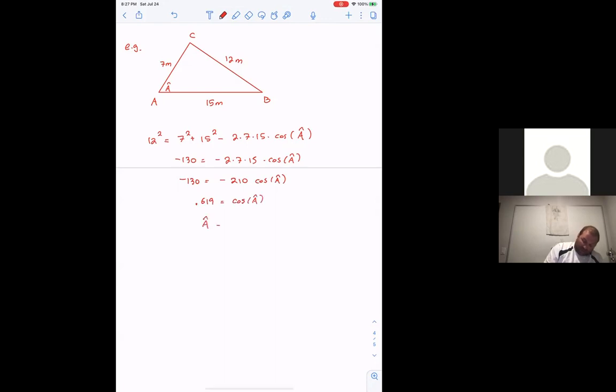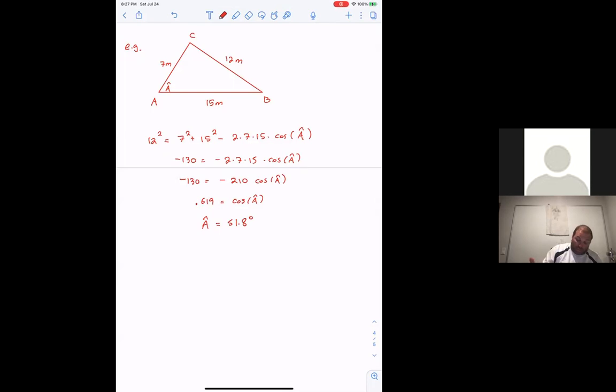How do I get to A hat knowing cosine of A hat? I can do the inverse cosine, the arc cosine, because it's in the first quadrant. It's an angle that's less than 90 degrees. So I know that my calculator will give me the correct answer, which to 3 sig figs is 51.8 degrees.